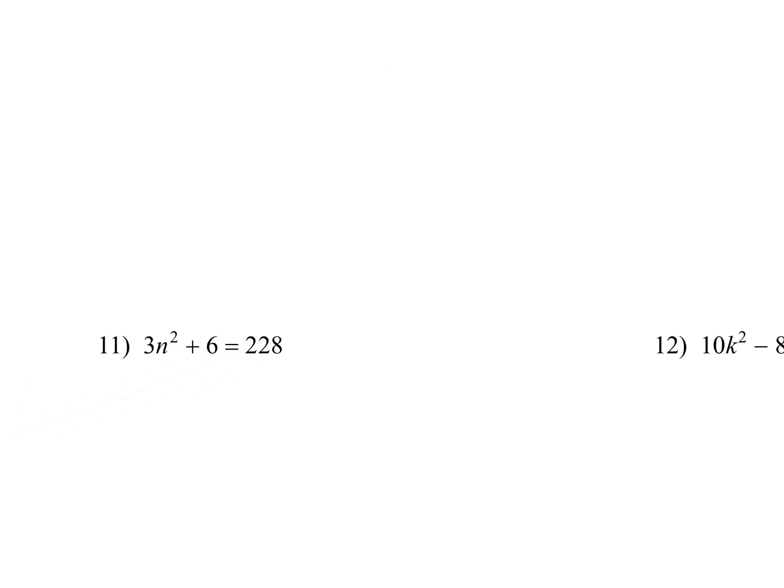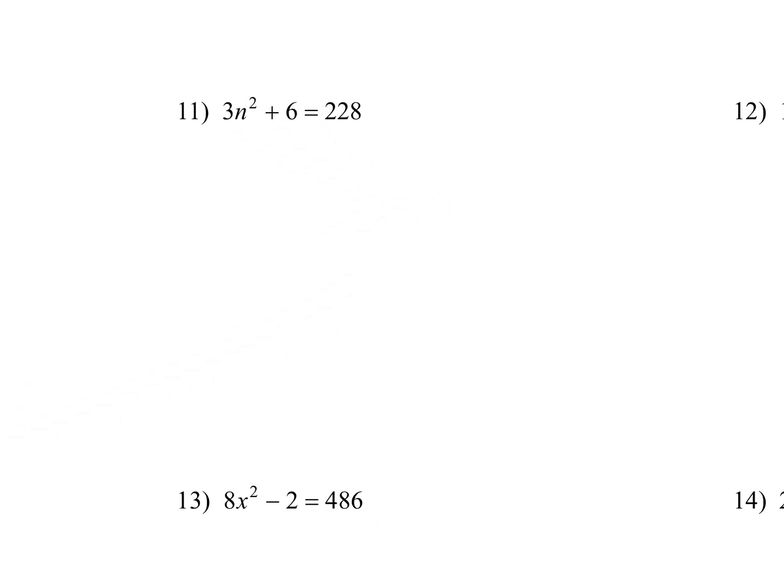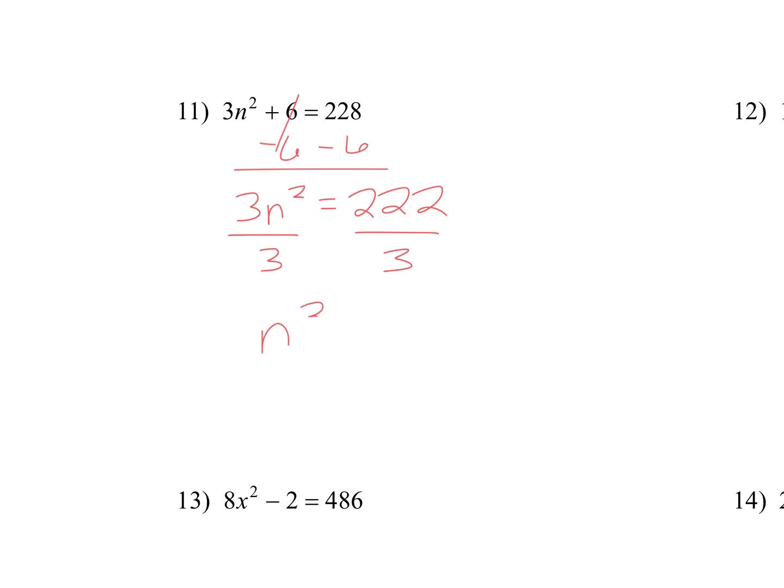Okay, I'm going to jump ahead to number 11. How many steps is there to this one? There's going to be 3 steps. What needs to happen first? Subtract 6. So we have 3n squared equals 222. Next, divide by 3. n squared equals 74.